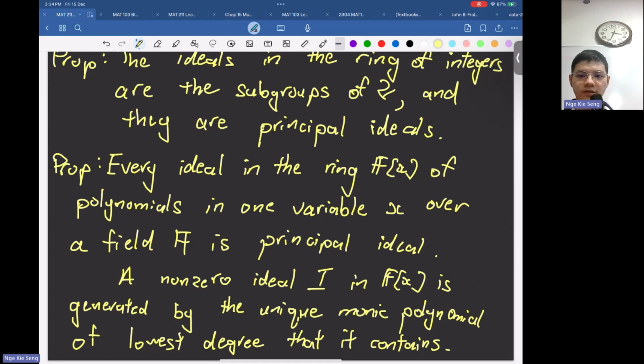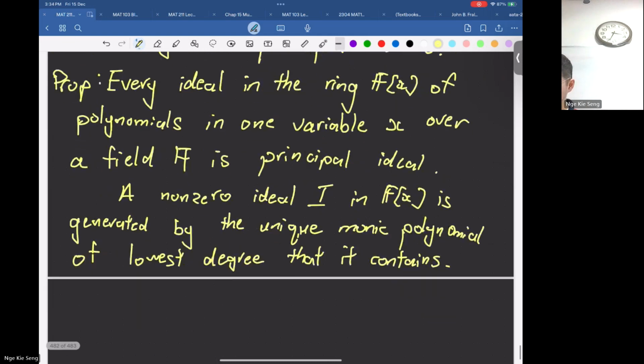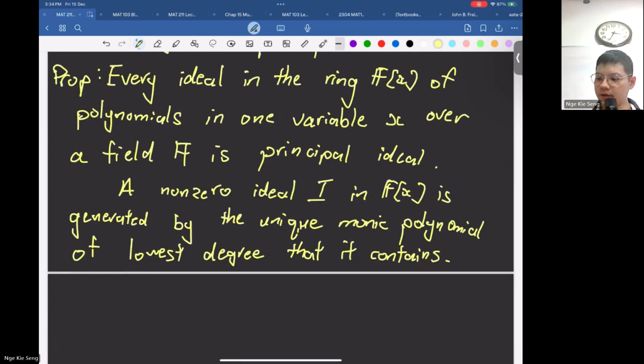We see the proof of this. This proof is quite classical. First of all, any question on this statement first? Do you know what is happening before proving?